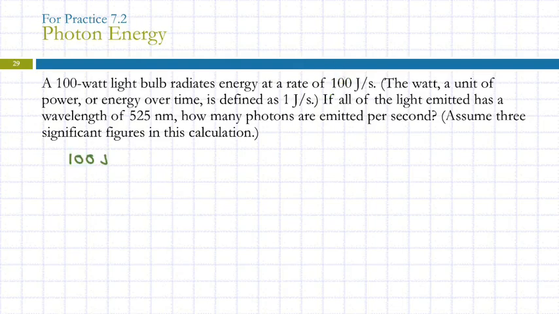So 100 joules per second, and we're given the wavelength is 525 nanometers. A joule is a unit of energy, right? And we had that relationship, the energy of a photon is equal to Planck's constant times the speed of light divided by the wavelength.